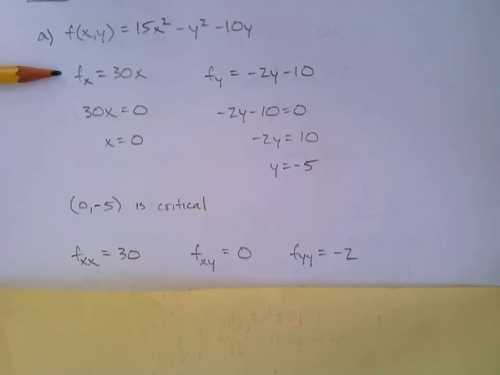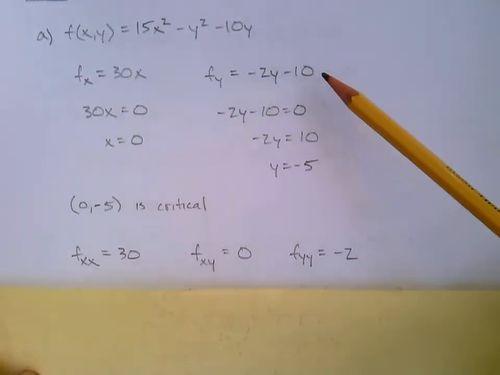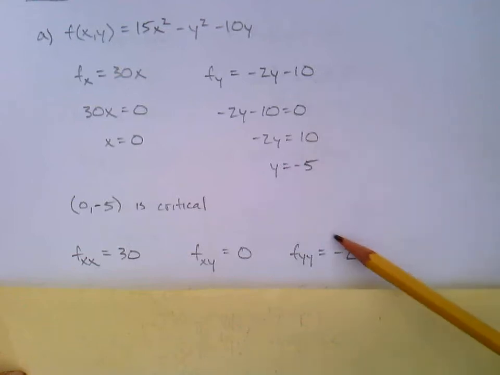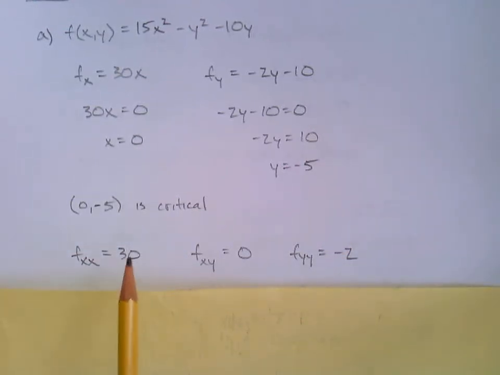We're also going to use that to get f sub xy. Well, this derivative with respect to y is simply 0. And finally, we look at f sub y. We take the derivative with respect to y again, and we get negative 2. So again, very simple. These all ended up just being constants.